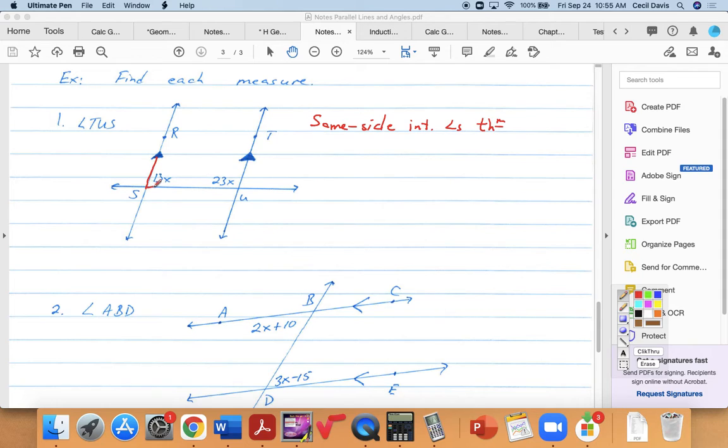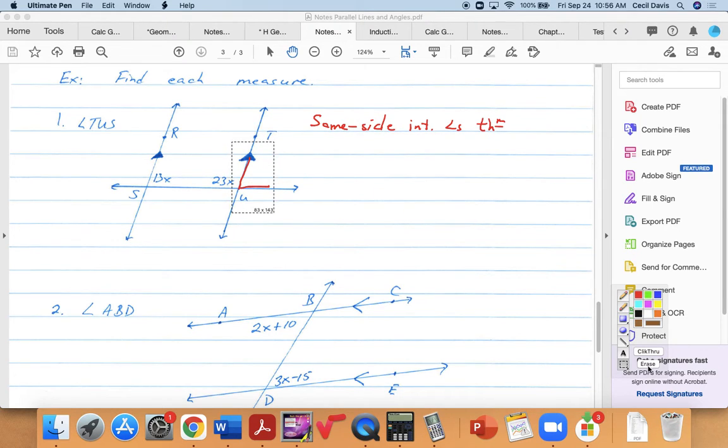If I was to take this angle and translate it, see how it fits right there? And that would be a linear pair, wouldn't it? So it's like the inside of one and the outside of the other. Yeah. Okay. That makes sense.